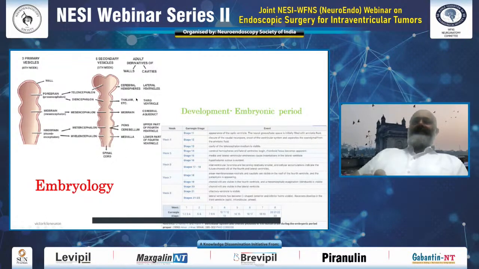These are the adult derivatives, and each has a cavity which we call the lateral ventricle, the 3rd ventricle, the aqueduct, and the 4th ventricle. An interesting paper by O'Rahilly, published in 1990, describes in great detail all these stages based on the Carnegie stages of the embryo.